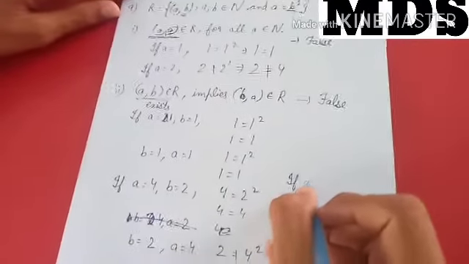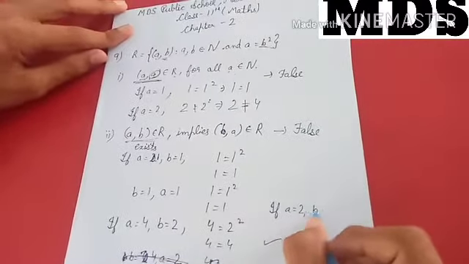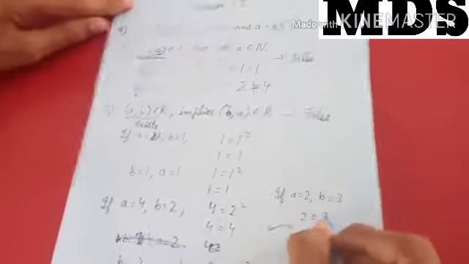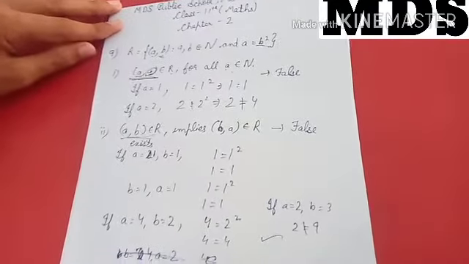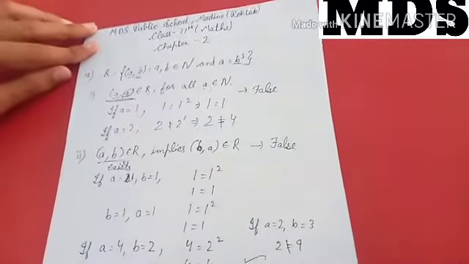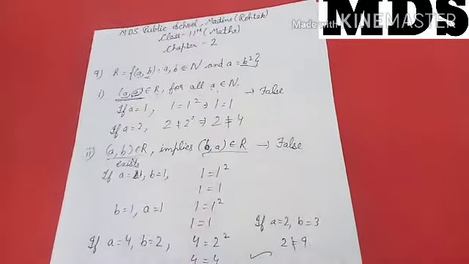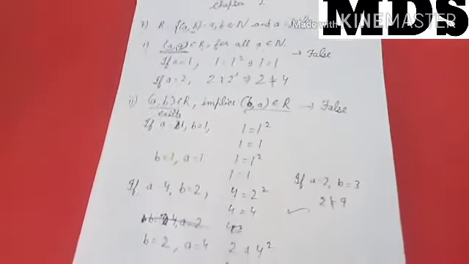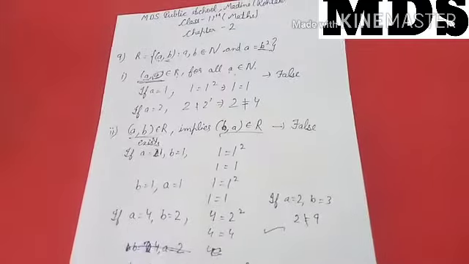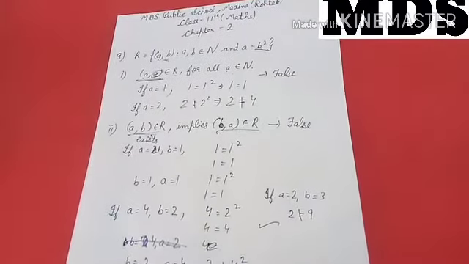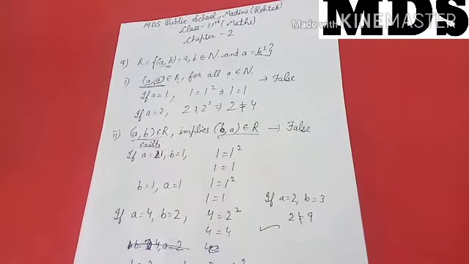Like if I take a case that a is equal to 2, b is equal to 3, that means 2 should be equal to 9, but it is not true. That means this does not exist, and if this does not exist, we will not talk about the other part of this. You must remember this. In a similar way you can solve the third part.